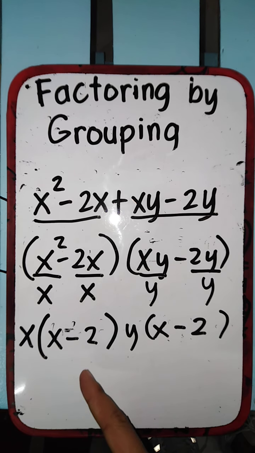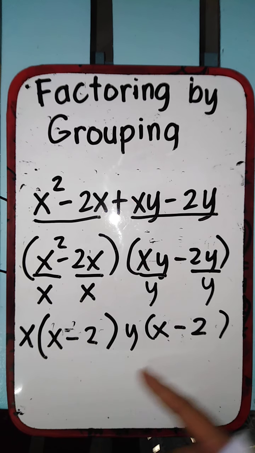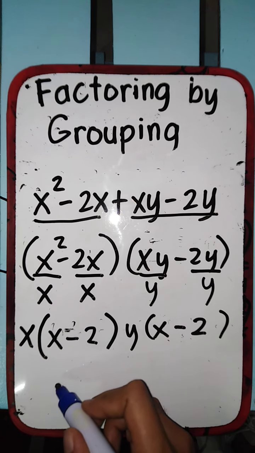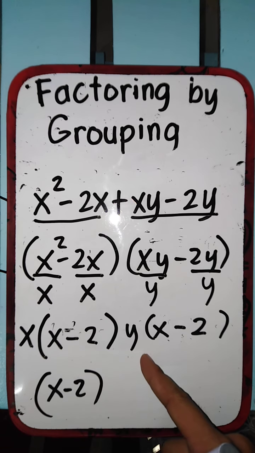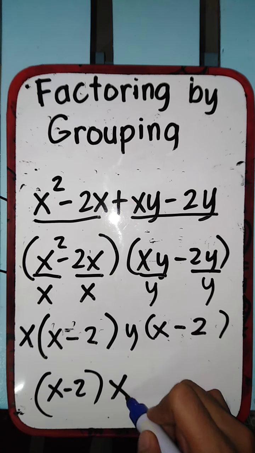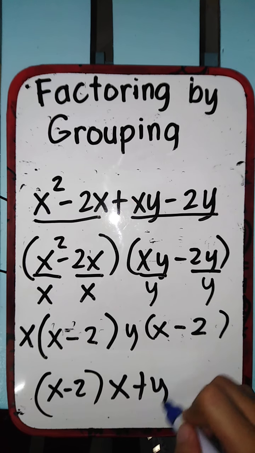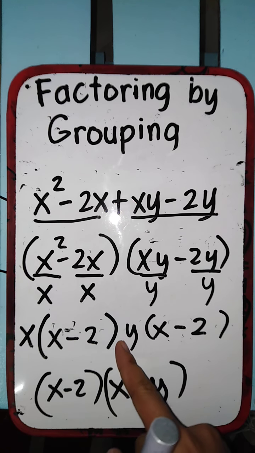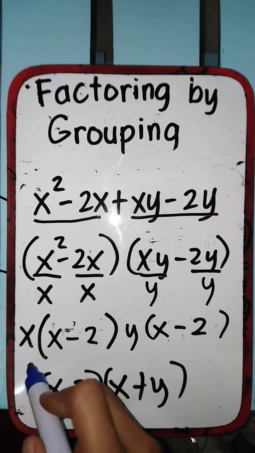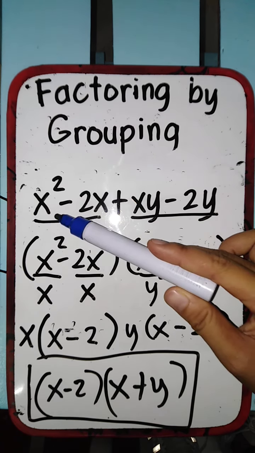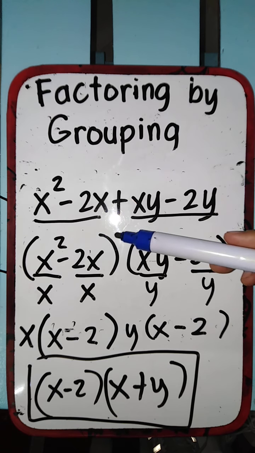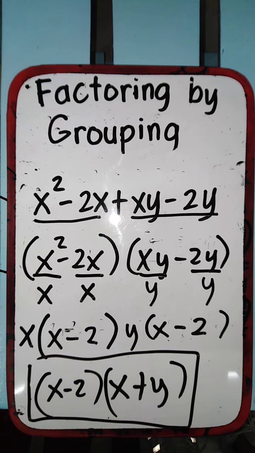So our factor is, inside the parentheses, x minus 2, and outside the parentheses, x plus y, because this is positive. So this is now our factor for the polynomial x squared minus 2x plus xy minus 2y. Okay, I will give you another example.